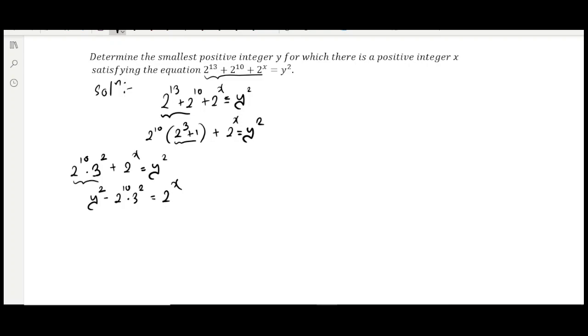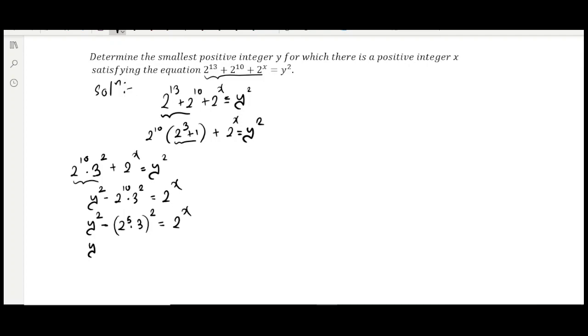Now this can be written as y square minus (2 raised to power 5 into 3) whole square equals 2 raised to power x. Now using the identity of a square minus b square. We have done a similar type of question in quadratic equations, where we have to make the discriminant a perfect square. The same method we are following here.